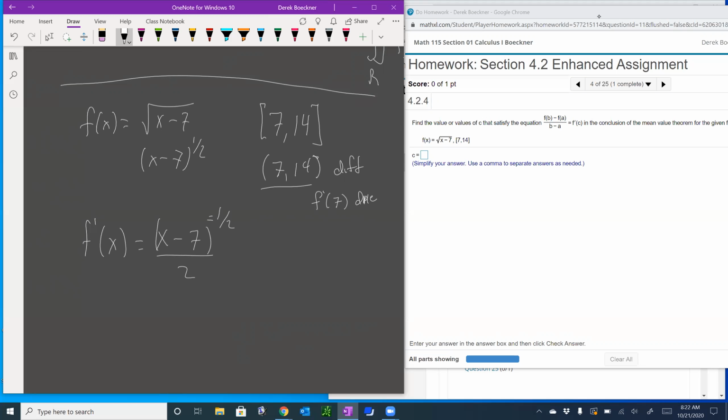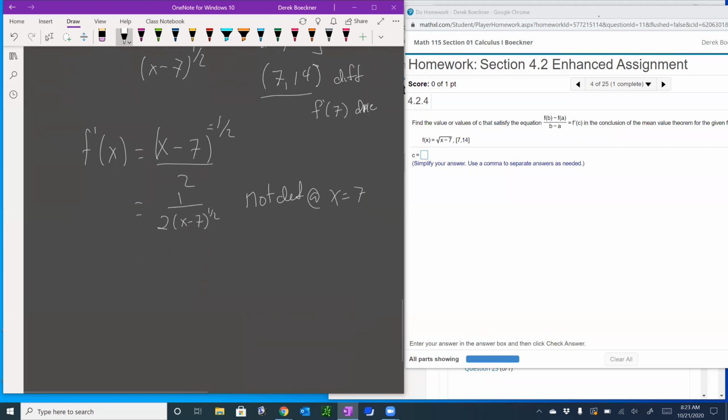That minus puts it in the denominator. If I put 0 in the denominator, things break down, right? Not defined at x equals 7. Okay, but that's okay. We don't need it to be defined at x equals 7.